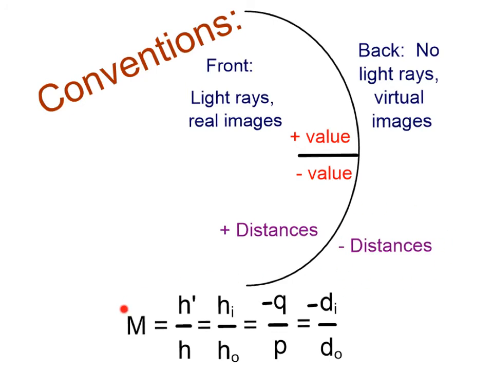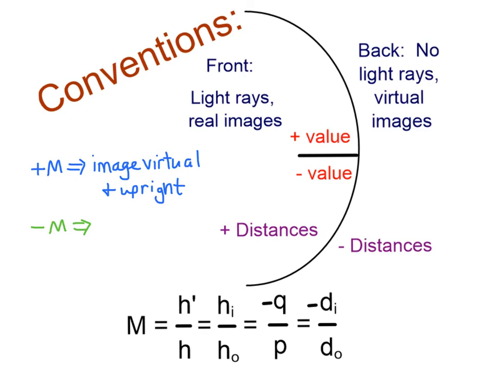And that's important to keep in mind when you are plugging numbers into your magnification equation. For concave spherical mirrors, a positive m value is going to mean that the image will be virtual and upright with respect to the object. A negative value for m will indicate a real image that is inverted.